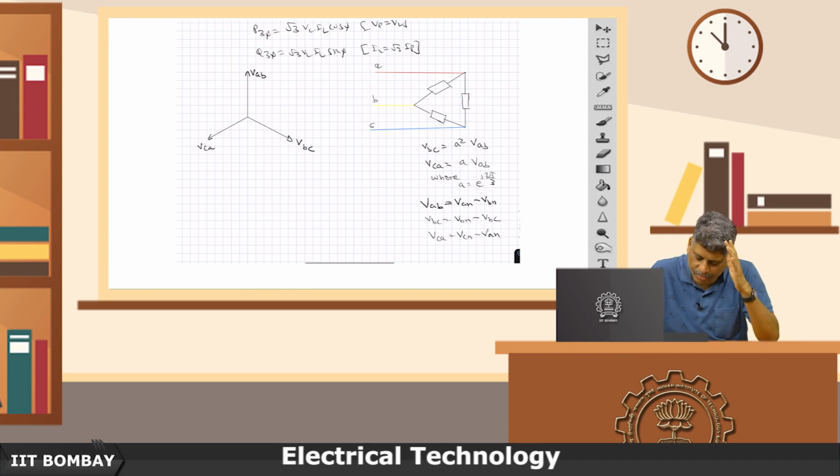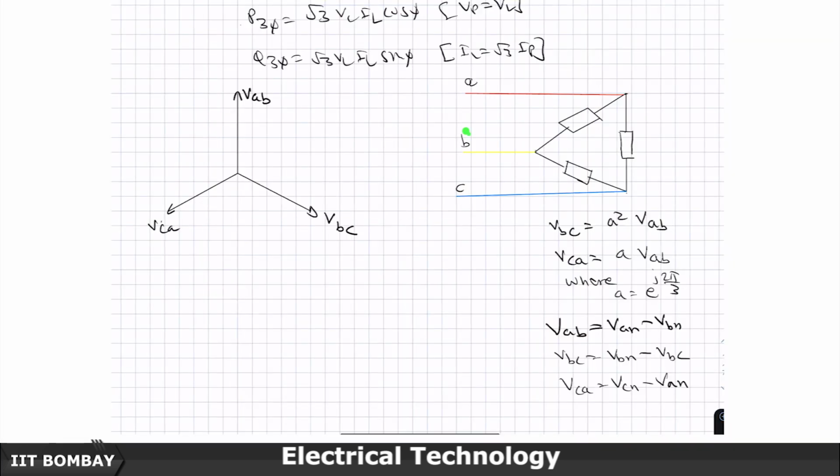If there is a neutral somewhere, this is how we will understand it. If we do not see a neutral anyway for this 3-phase supply, VAB should be interpreted as voltage of A taking B as reference.